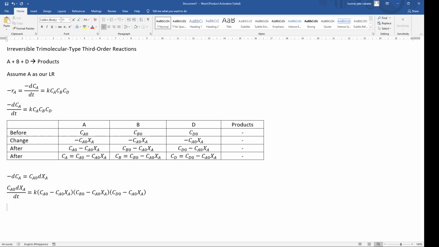There you go. So what we can do is, since we have XA and t as our dependent variable, we can do separation of variables.